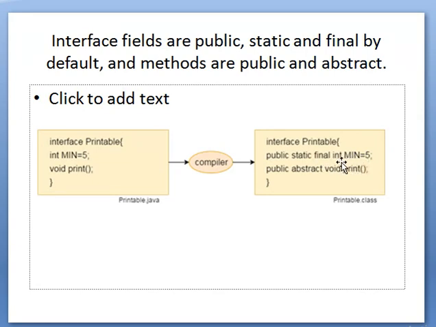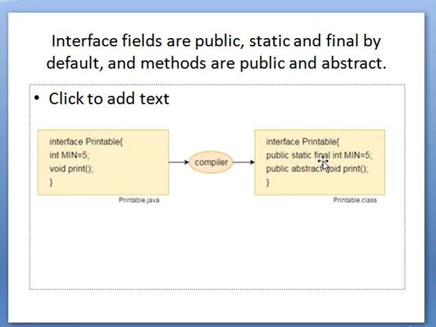These three words the compiler will add before the declaration of the variable. Here, int minimum 5 is written by you, and by default the compiler will keep public, static, final. Sir, what happens if I write them myself? You can also write them, then the compiler will not add them. If you don't, the compiler will put public, static, final by default.